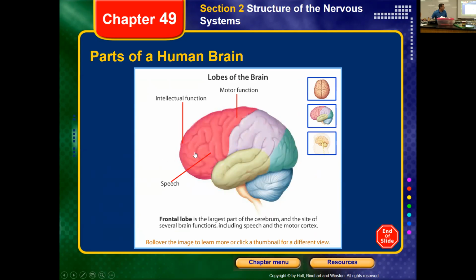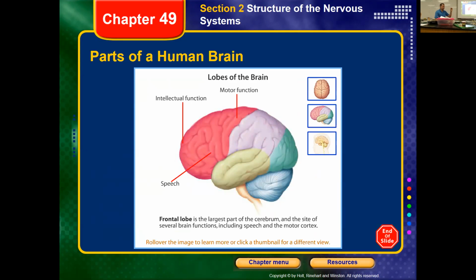The speech areas are located on the sides, and there's actually a separate spot on there for interpreting words. So in one area, you interpret language. In another area, it controls speech.